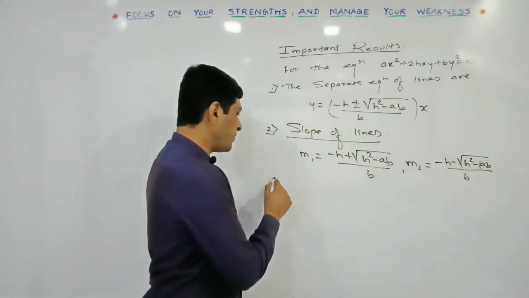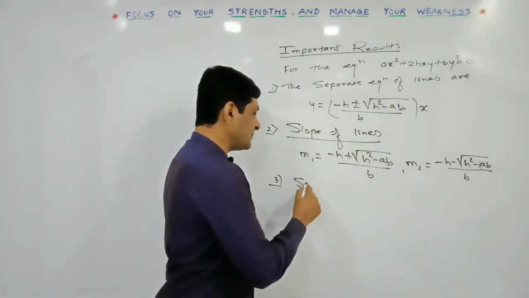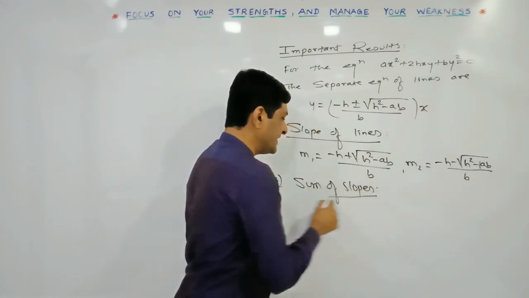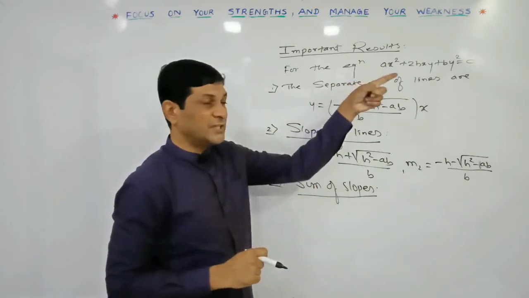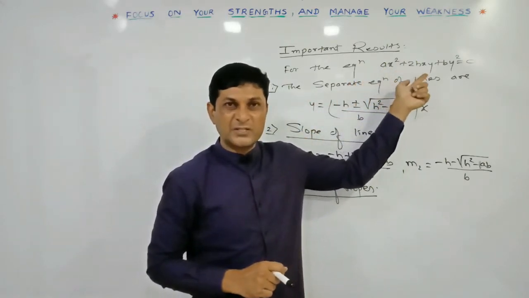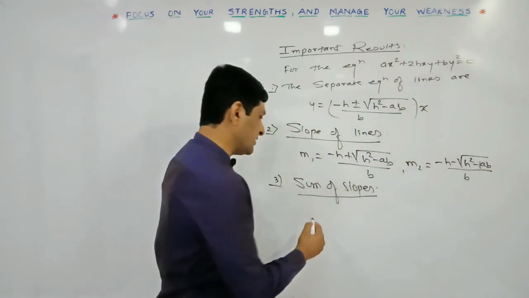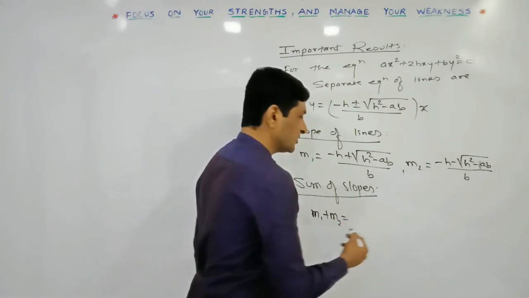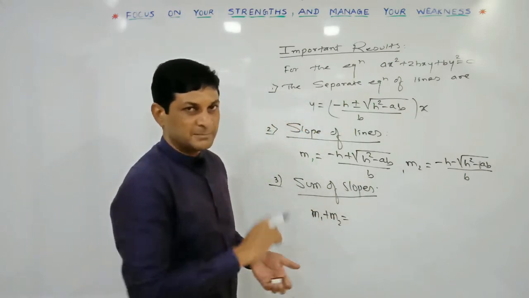Now let us see what result we will get if we take the sum of slopes. All these results are related to the homogeneous equation, which means ax square plus 2hxy plus by square is equal to 0. See, observe here, orally we are trying to find the sum.